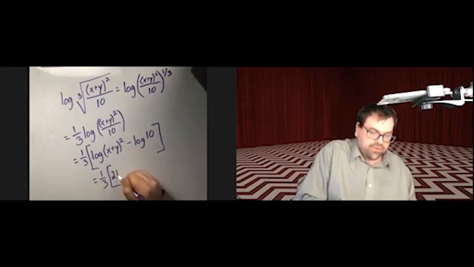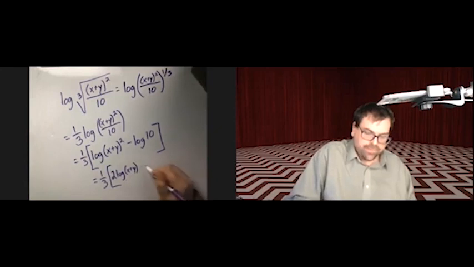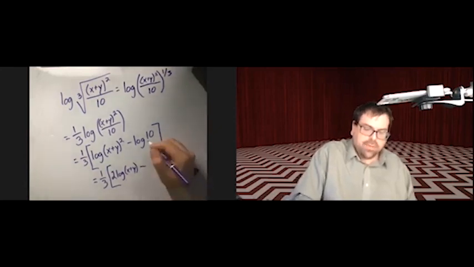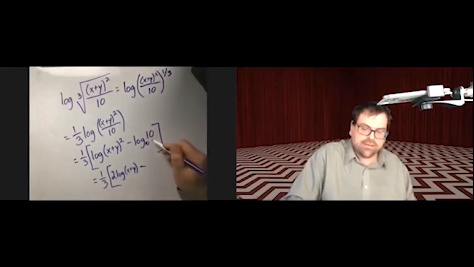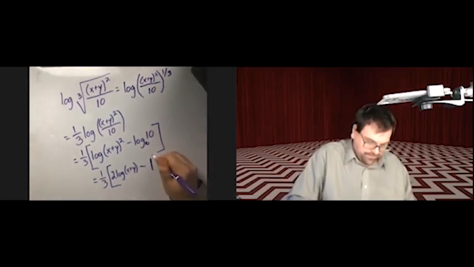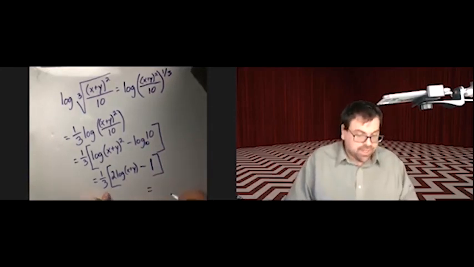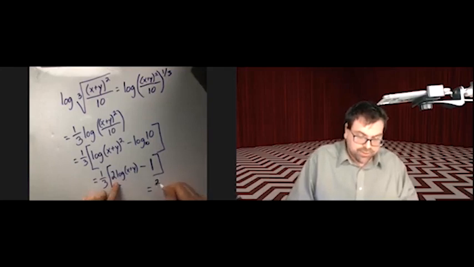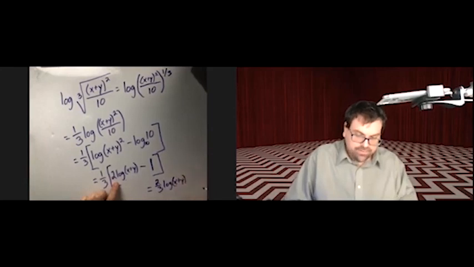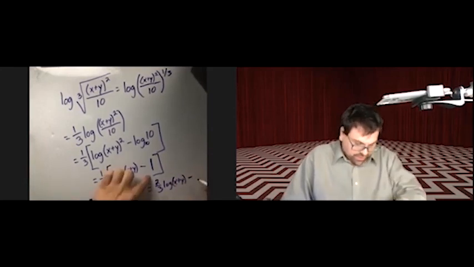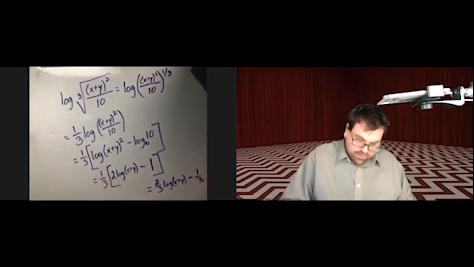We can bring the 2 down front of this log. Log base 10 of 10, 10 to the first is 10, so this is all just 1. And finally, just multiplying it together, 1/3 times 2 is 2/3 log of x plus y, minus 1/3 times 1, minus 1/3.